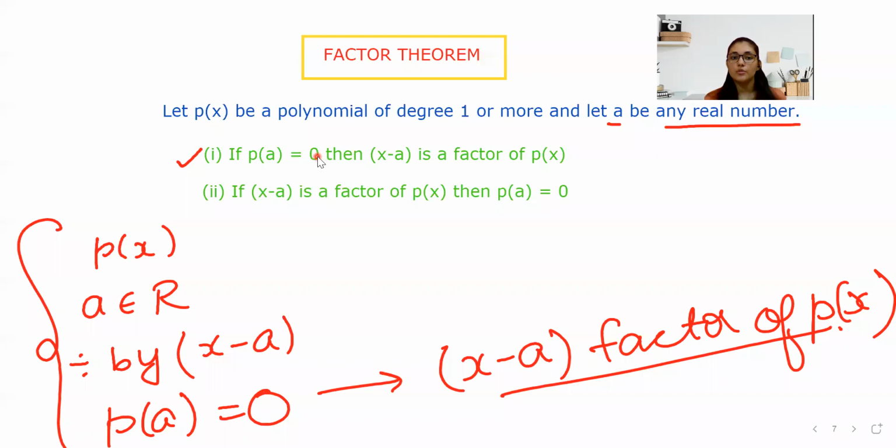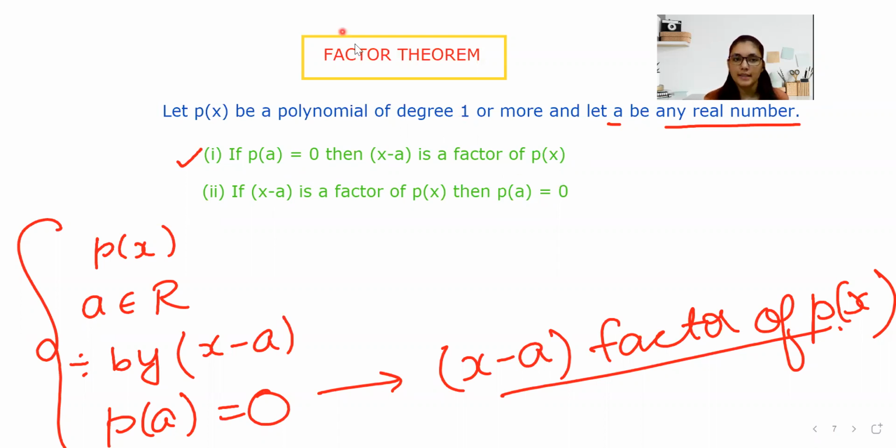Here you are making use of factors. If p(a) is 0, and we know that p(a) is the remainder, so if the remainder is 0, that means the numbers are fully divided. You are not left with any remainder, so x minus a will be the factor of the polynomial.